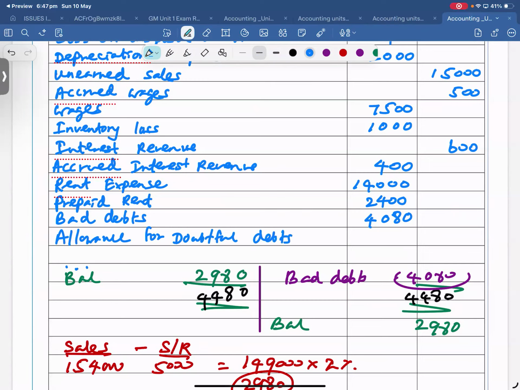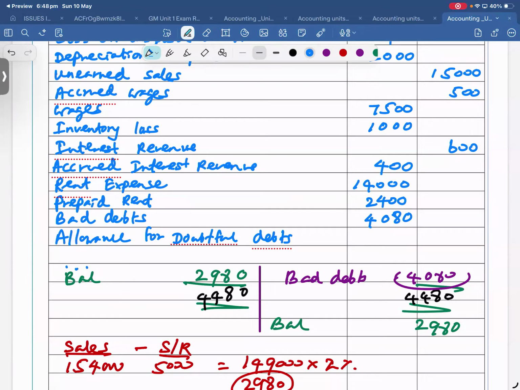How much is allowance for doubtful debt? Balance? No, 2,980.